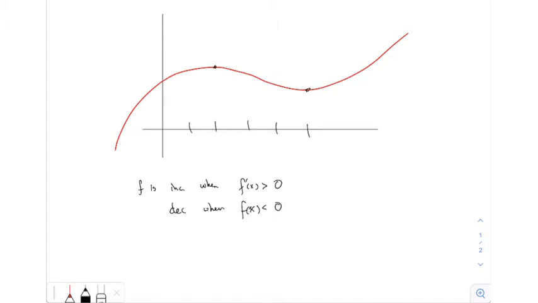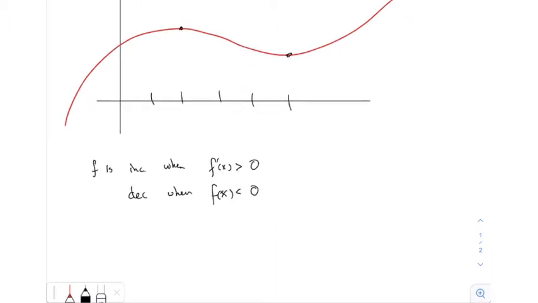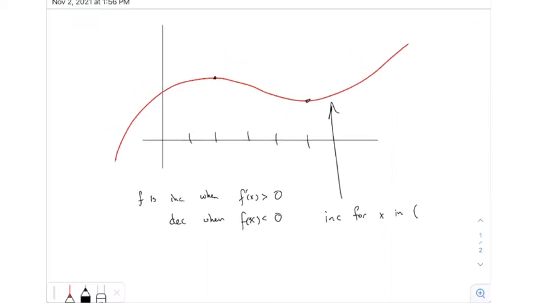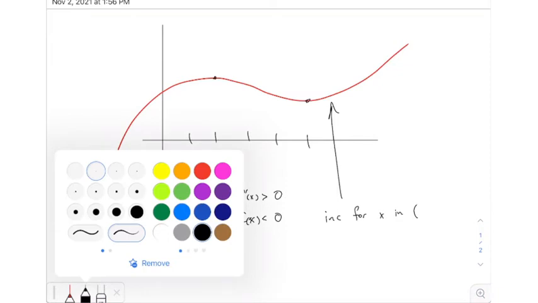A typical function will be increasing sometimes and decreasing some other times. This one that I drew there, you could tell me intervals of x values where it's increasing versus where it's decreasing. Actually, there's two places where it's increasing, right? I'm just looking at where it's going up as we go left to right.